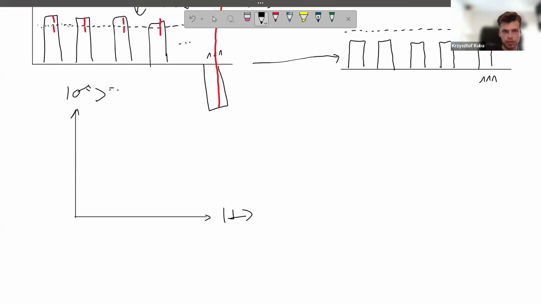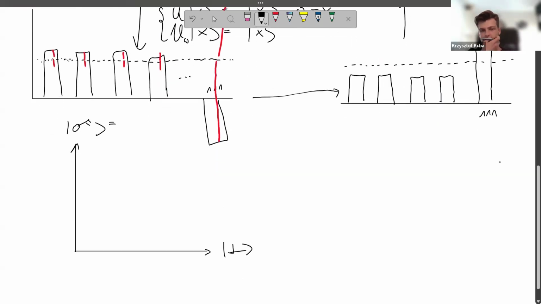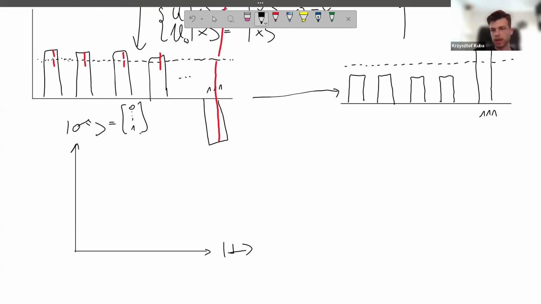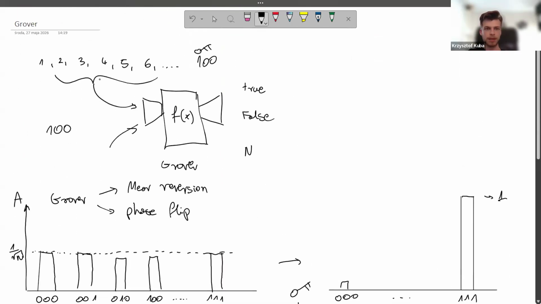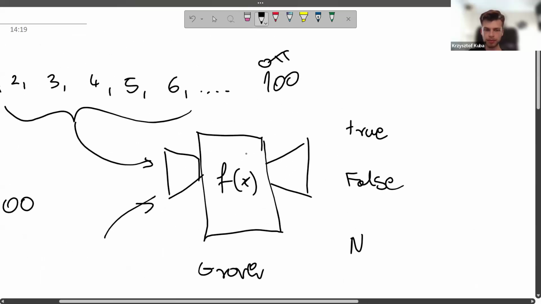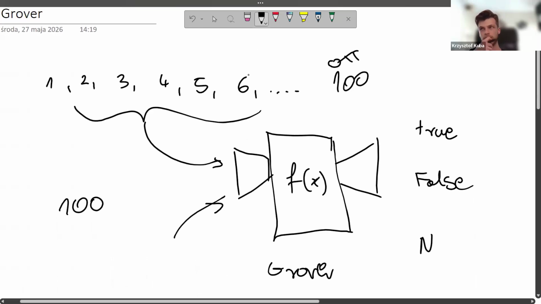So in our case, when we know that we are looking for 111, the vector will be zeros and then 1 at the end. And note that sometimes it's very confusing because in the original statement of the problem, we don't know what number is the key. But in order to understand it better, we assume that we know the key and then construct an algorithm based on that.